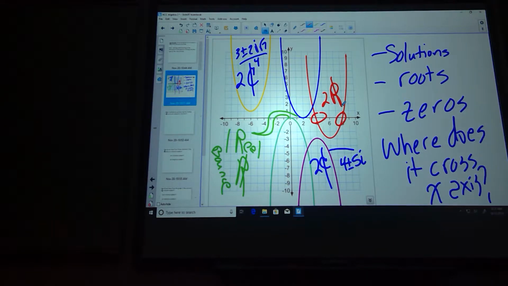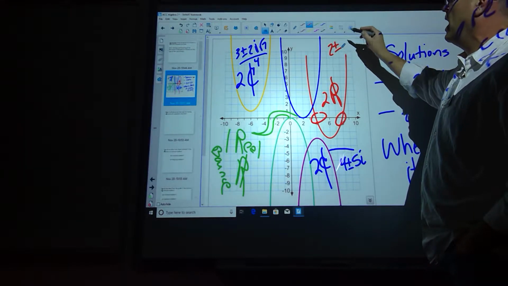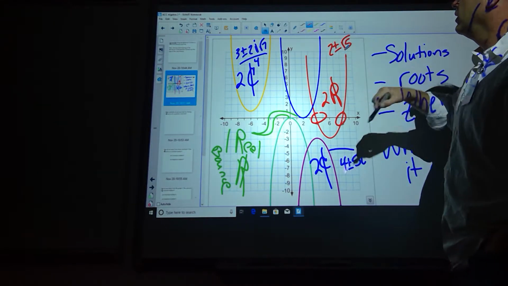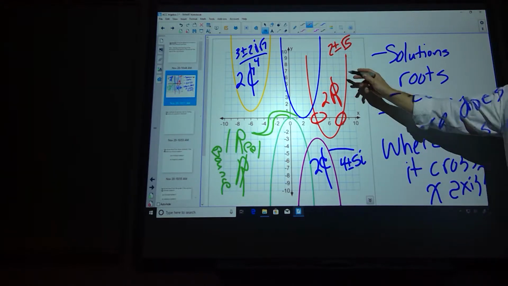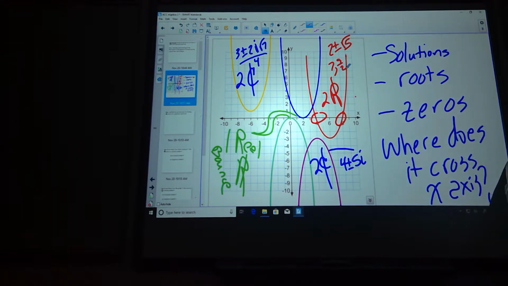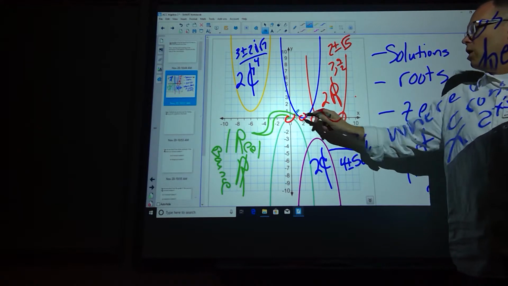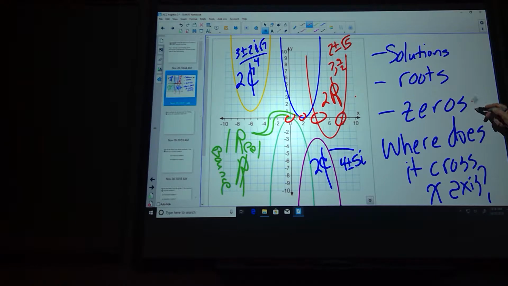They can be rational or irrational, meaning you could have an answer of 2 plus or minus root 5. Okay, that works. Or you could have 7 and 5 over 2 or something like that. So these are zeros, and these are also zeros.